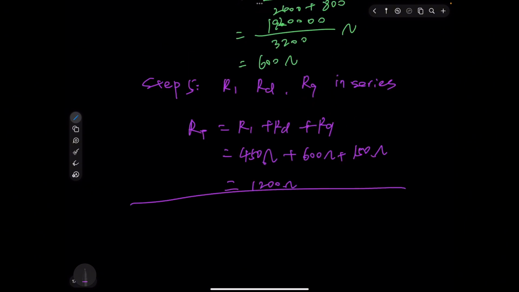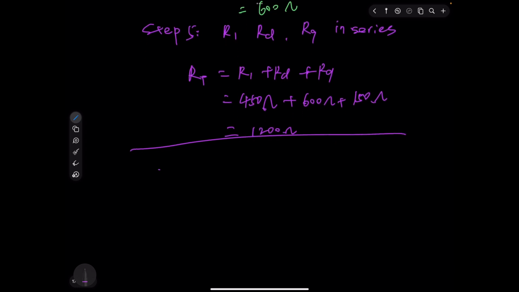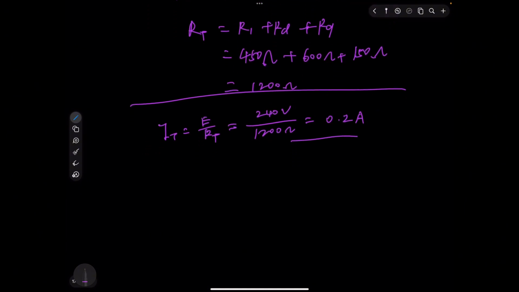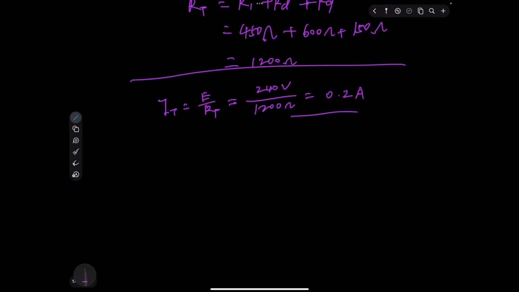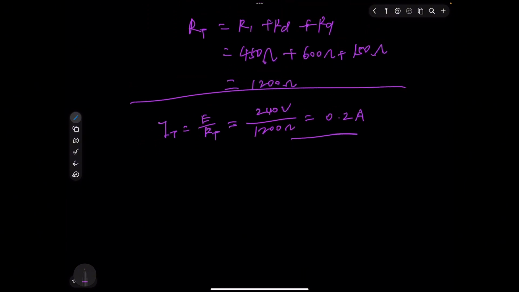After we get RT, we can get the total current, IT equal to E divided by RT, equals 240 volts divided by 1200, 0.2 amps. So that's the total current. After we get the total current, we can solve the voltage drop for R1.